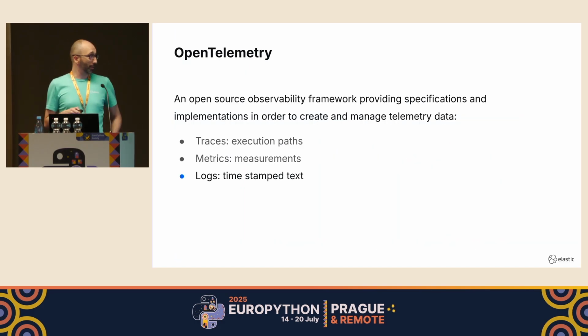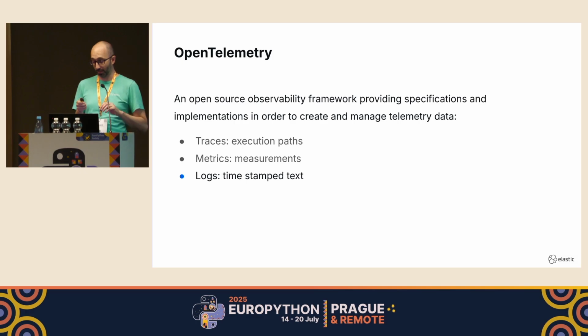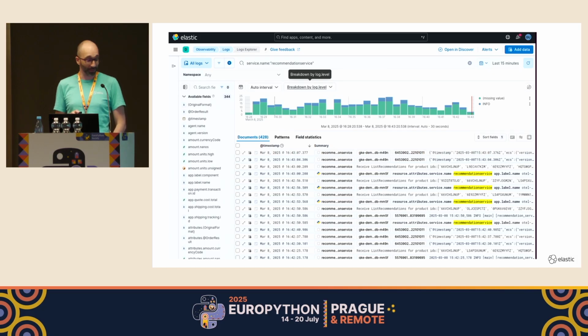And then we have logs. Logs are structured or unstructured text with a timestamp. And I hope this definition works for you too. And as an example, here we have an interface where we are running a demo called the OpenTelemetry demo, where a bunch of services in different languages are running.